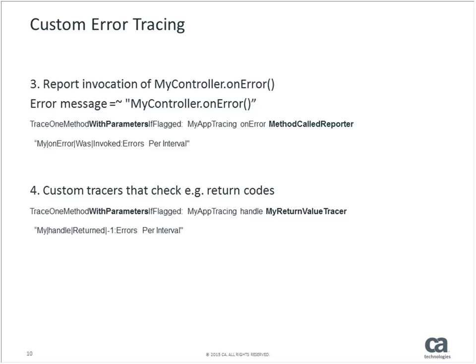For example, you have a return code or some other thing that is either in the parameters of the method we call, or the return code of the method, and we can implement a custom tracer that we can also use to create an errors per interval metric. But for a custom tracer there is an API, and that is typically work that we in the SWAT team or CA Services do, or maybe a partner, but typically not what we encourage our APM users to do.